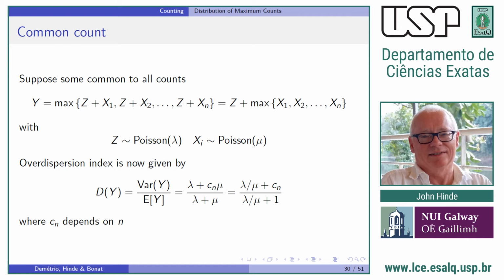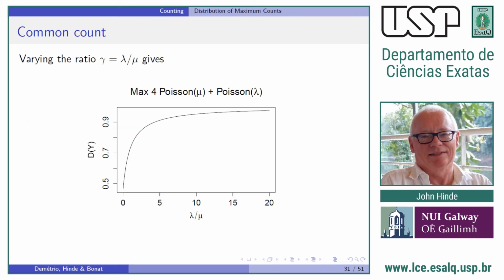Let's not worry about the arithmetic, but what you can see is if I take 4 of them, and as I vary this ratio, my dispersion goes anywhere from the value that the ratio gives, all the way up to close to 1. So I can get anything in between when I do this game. So once I've thought about that, we have a process that can give any sort of dispersion.